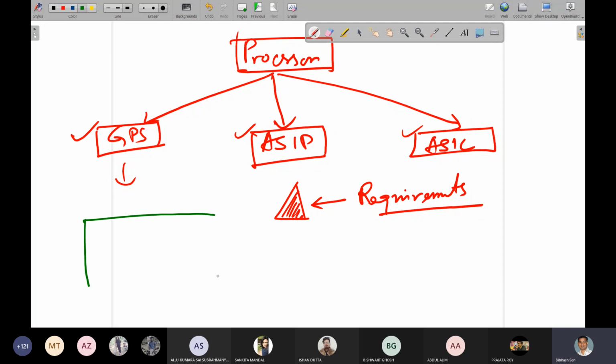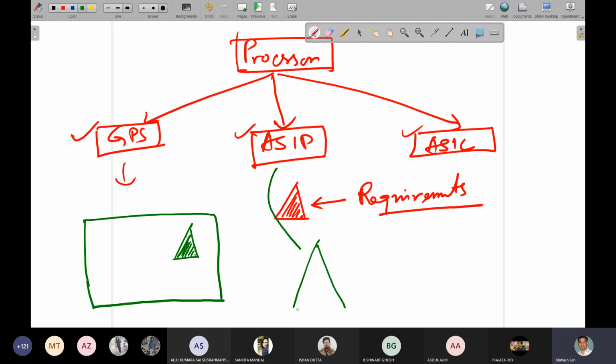If it is my GPP system, you will find the architecture looks like this. Apart from all, it can do these tasks. If you view the ASIP, it will look like this. If you go to the ASIC view, it will look like this.